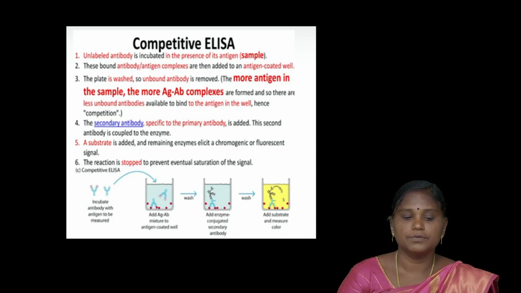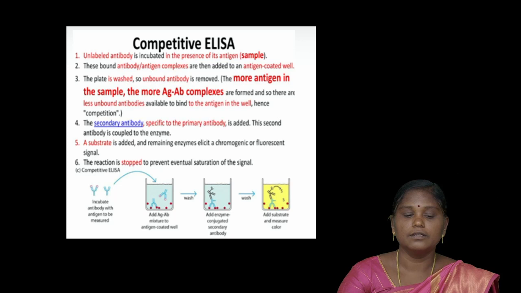Then the fifth step is a substrate is added. Here the substrate means chromophore, okay. So a substrate is added and the remaining enzymes act on the chromophore, right. Then the reaction happens, and the color is developed.